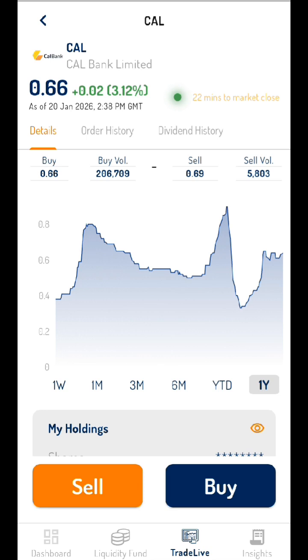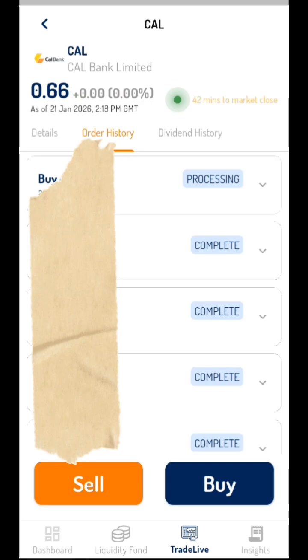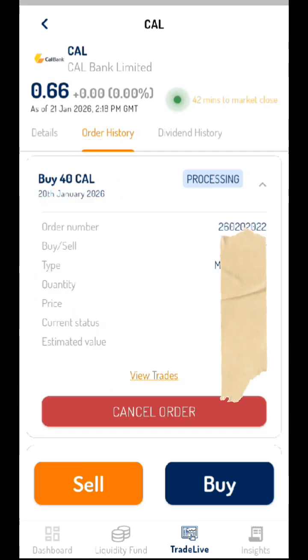But once the order goes through, the processing will change to what? Completed. That means your order has successfully been what? Executed. When your order is executed and it indicates completed in your order history, it will take 3 working days for your shares to appear on your portfolio.